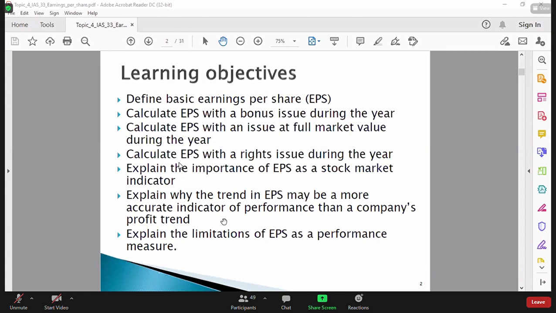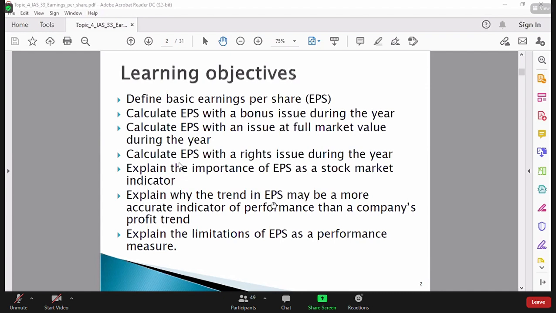So they are looking at it from the perspective of the investor. Investors are not just looking at the company's profit, but they are also looking at the earnings per share. Why? Because they want to know what they will get in return later. Itu yang dia nak tahu sebab dia investor.